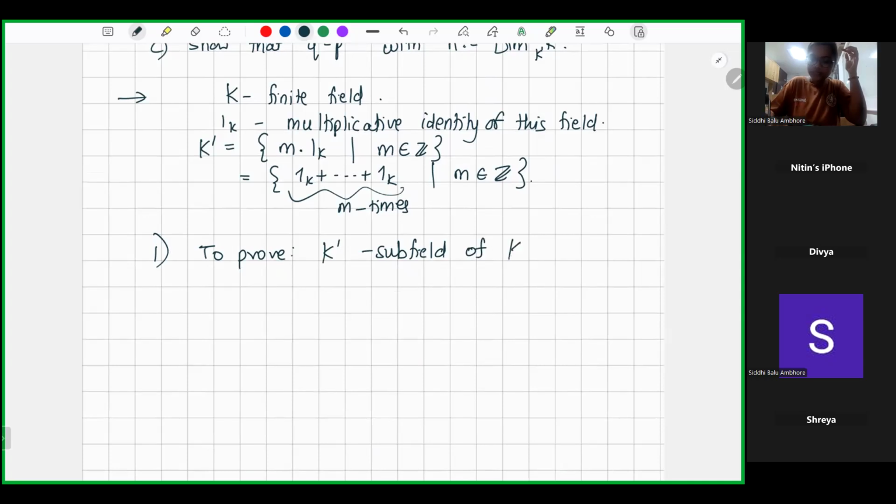When we say subfield of K, it means we need to prove that, first of all, it is contained in K, and secondly, that it forms a field.